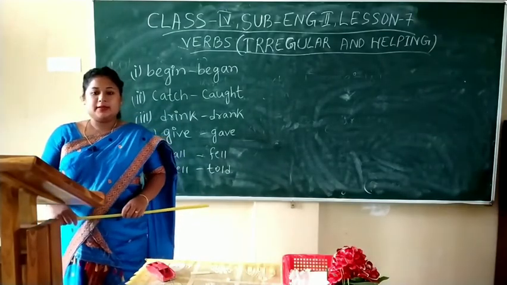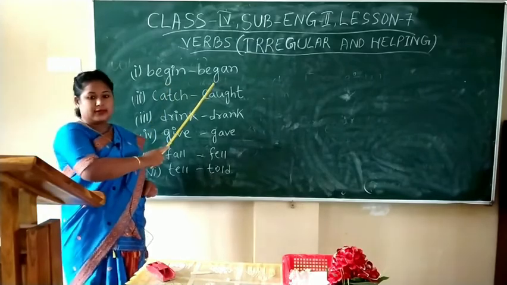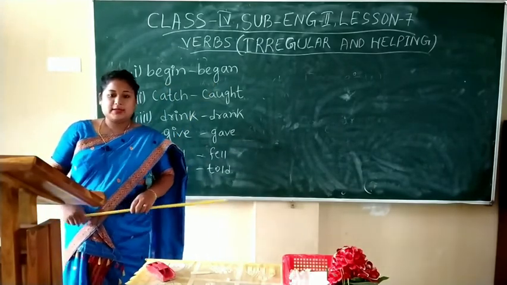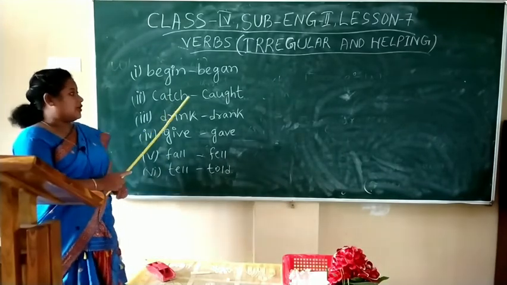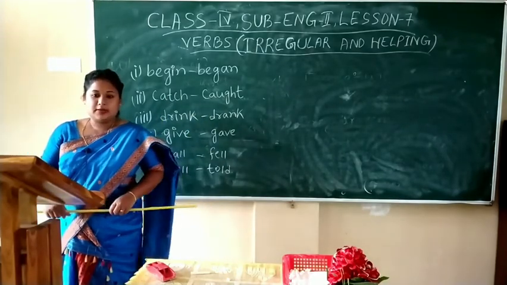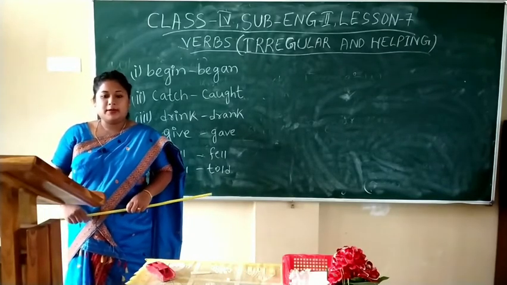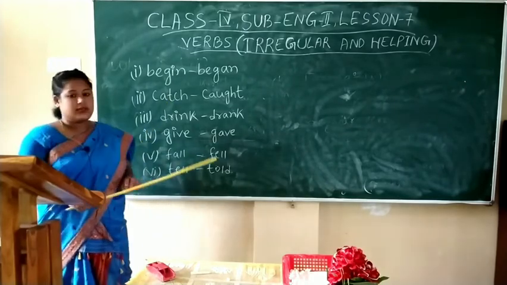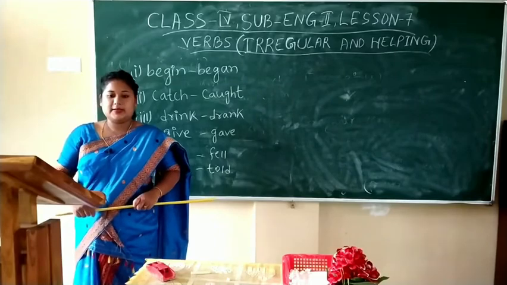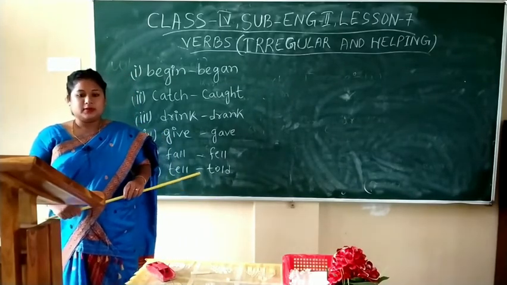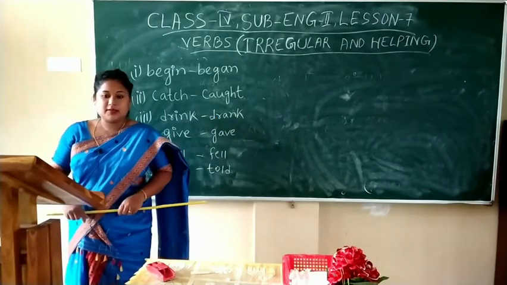In the first example, the present form of verb begin is changed to began in the past form. In the second example, the present form of verb catch is changed to caught in past form. In the third example, the present form of drink is changed to drank in past form.